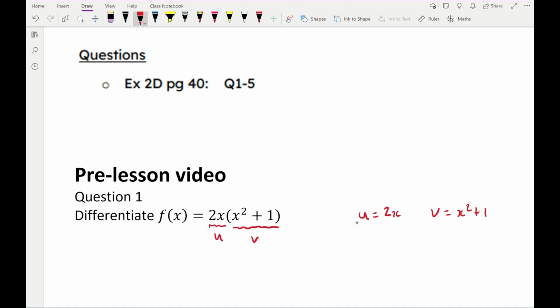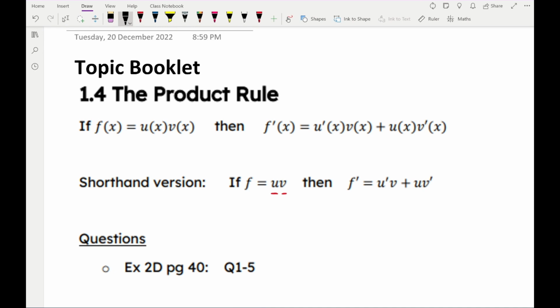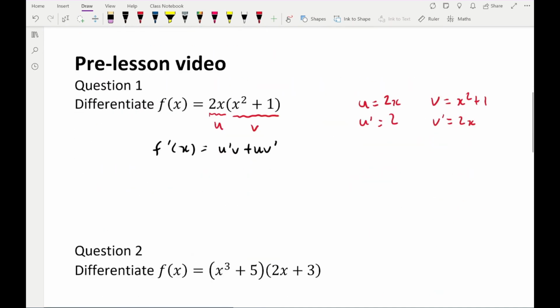Now I always write what my u dash and v dash are, and that's basically the derivative of u and the derivative of v. So that's 2 and 2x. Now the product rule basically tells you f dash of x is going to be u dash v plus u v dash, and that comes directly from that formula up here. And now we just plug them in.